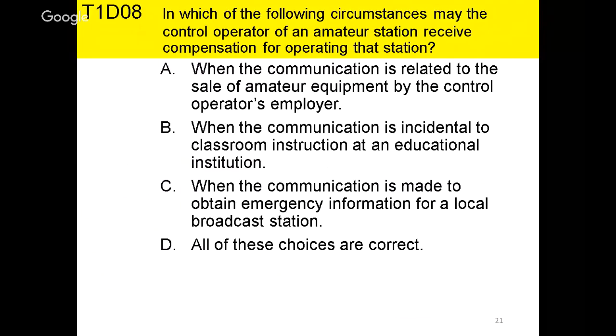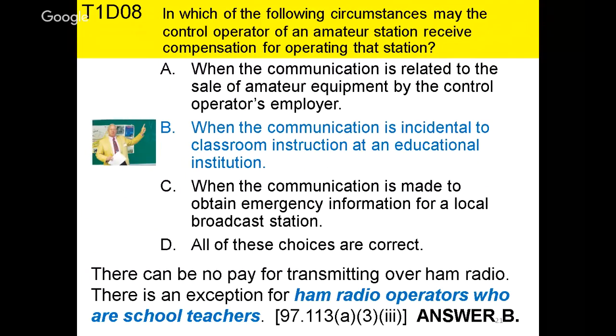There's only one exception, and that's when the communication is incidental to classroom instruction at an educational institution. An instructor, a teacher, isn't really receiving monetary compensation for the operation of that ham radio in the classroom. They're just getting paid for doing their job, period, basically.